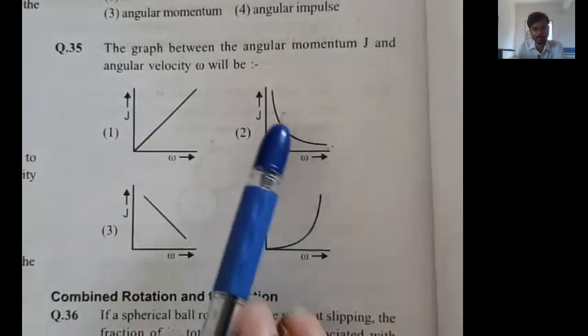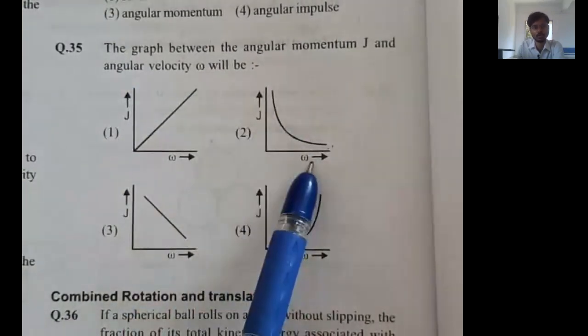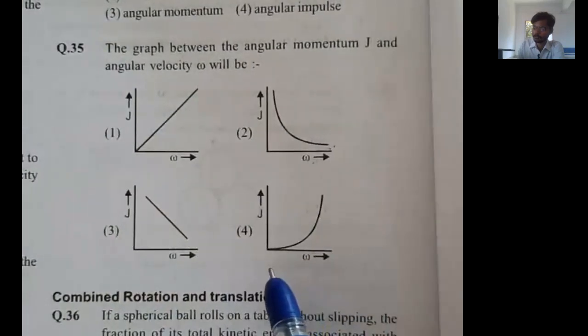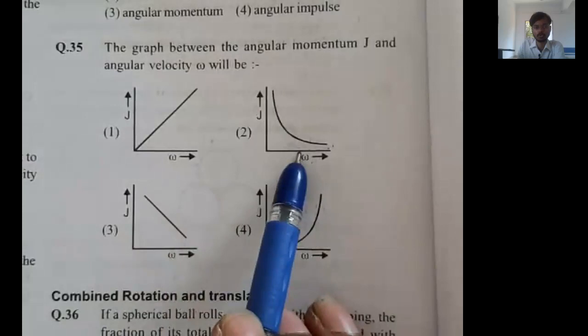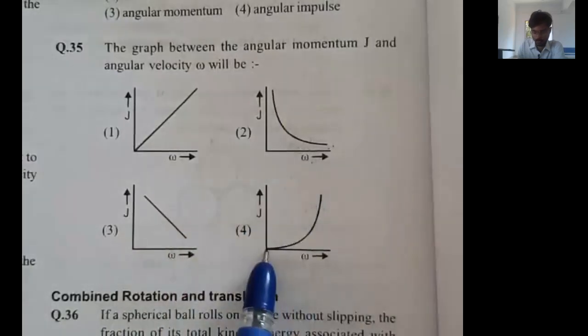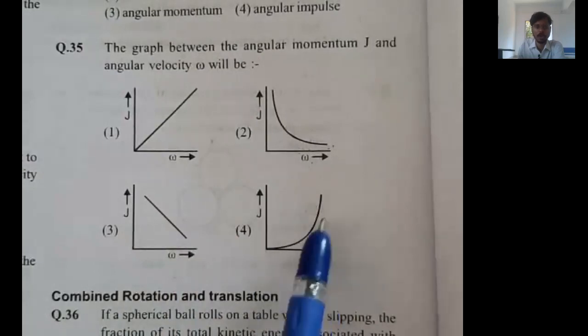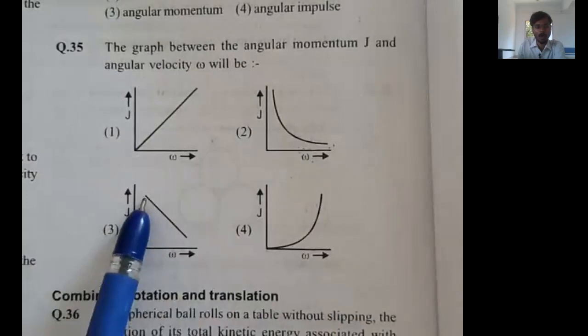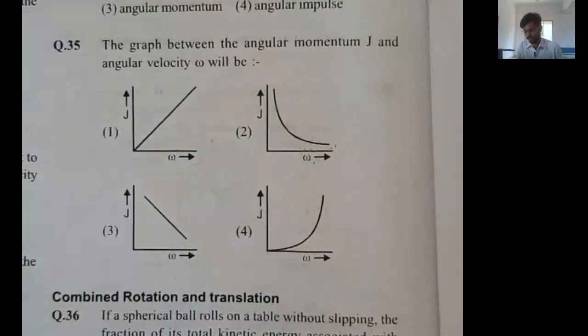Inverse proportion, y proportional to 1 upon x, or 1 upon x square, or 1 upon x cube. Here, y proportional to x square, or x cube, or x raised to 4, that kind of logic. Here, y equal to mx plus c and negative slope.